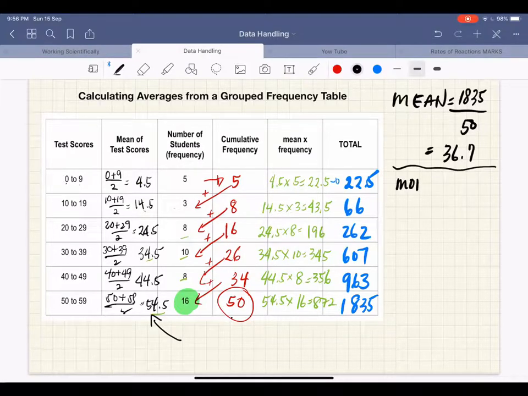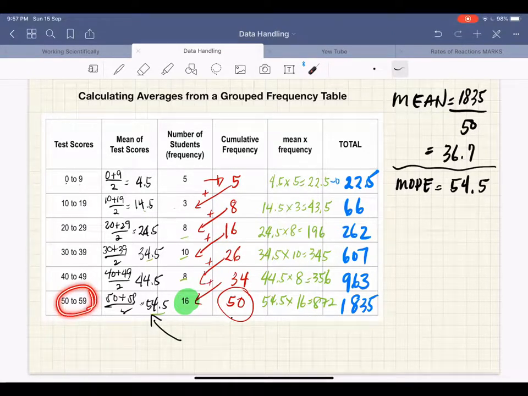So the mode is equal to 54.5, because as we said, this is the value that came out the most from this class interval 50 to 59.